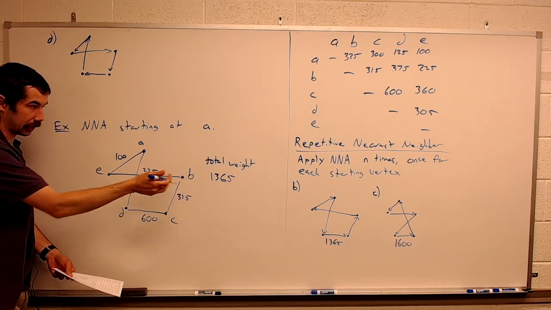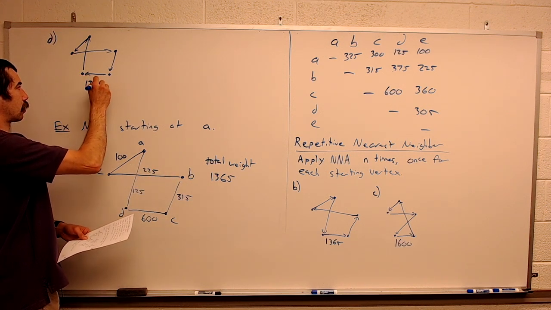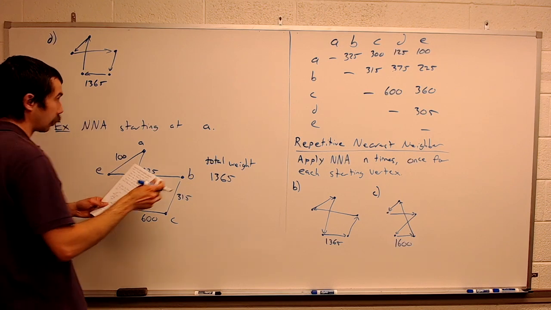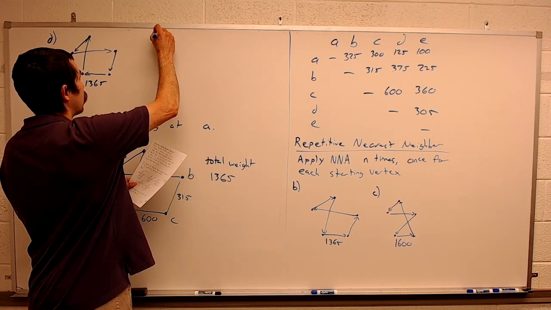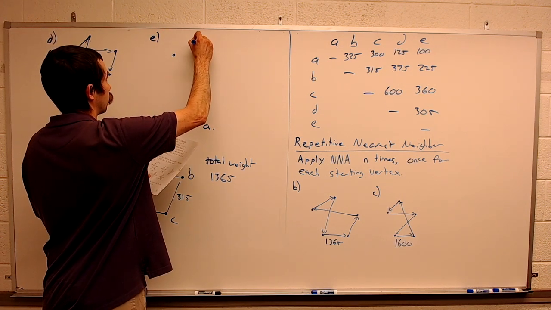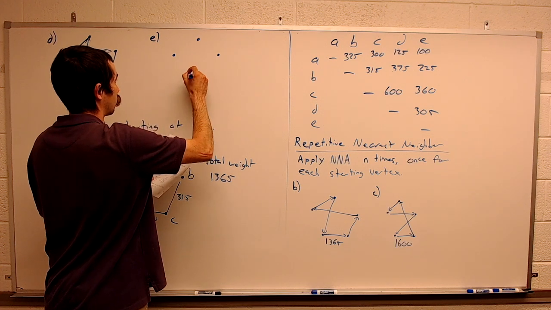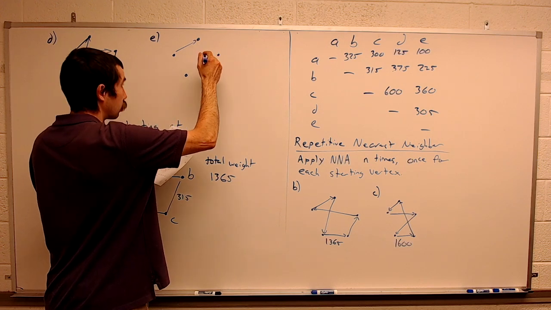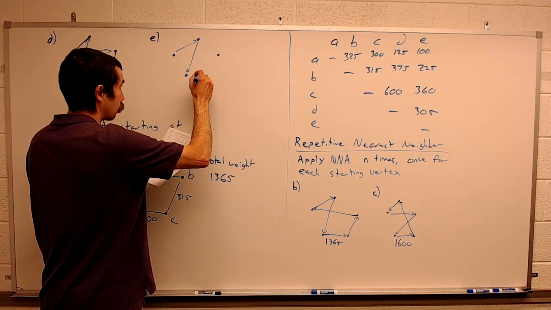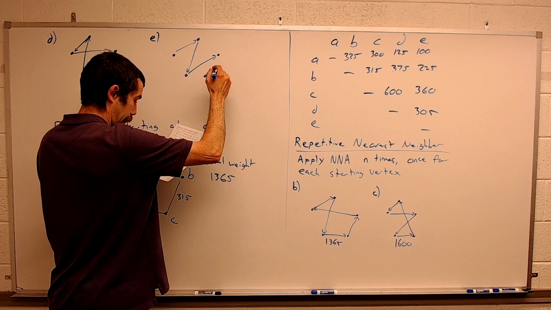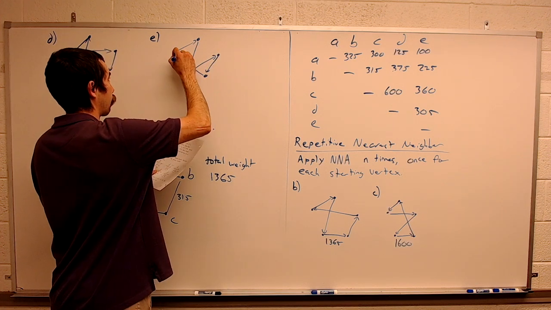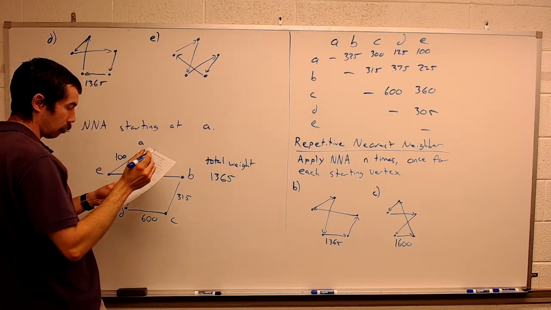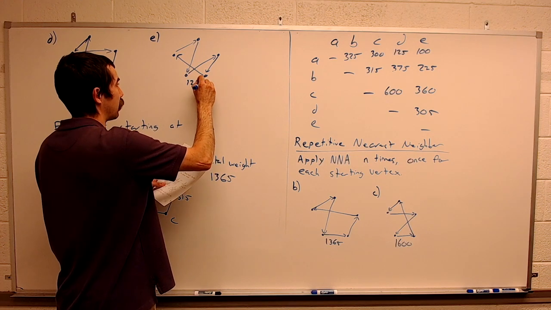It's that 1365 again. And if we start at E, we get this cycle, which has a weight of 1275.